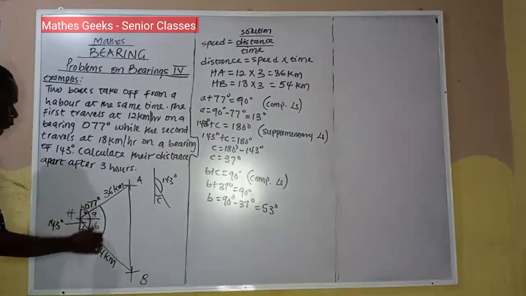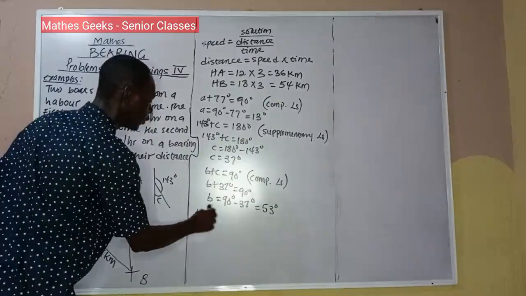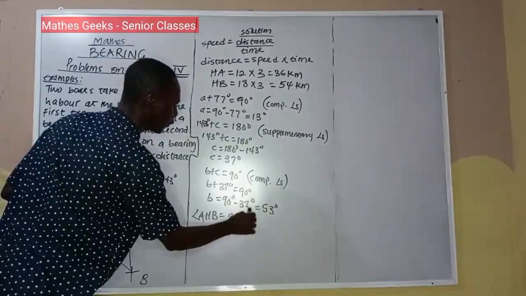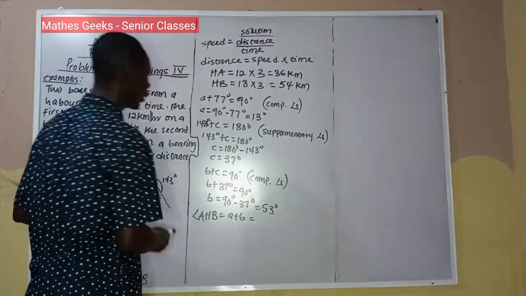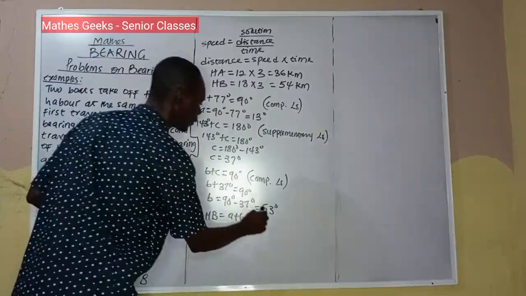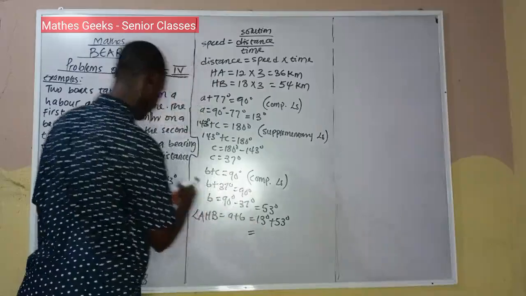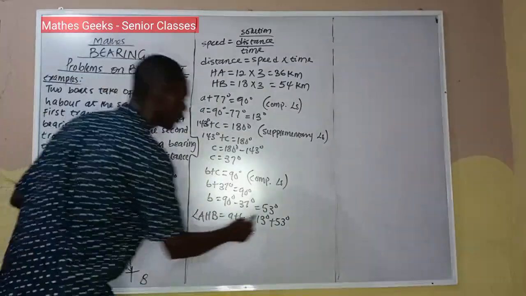Altogether, angle AHB is equal to A plus B. Angle A is 13 degrees plus 53 degrees, which is 66 degrees.